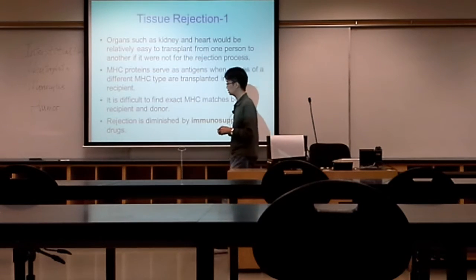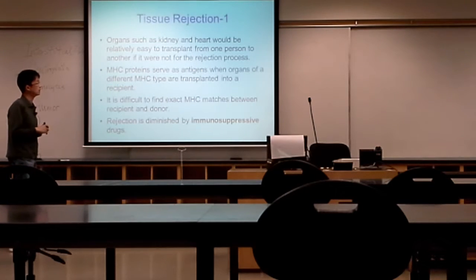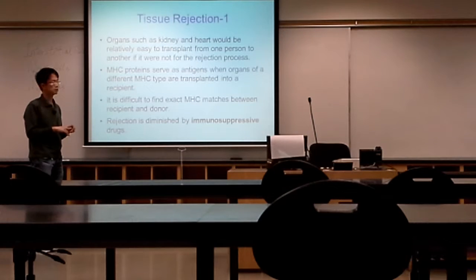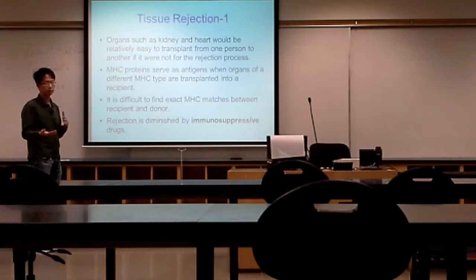Tissue rejection. So the last type, organs like the kidney and heart. We do a lot of kidney transplant or heart transplant nowadays. But we have this tissue rejection issue. The reason is that of the MHC protein on the organ; different people will have different MHC protein.